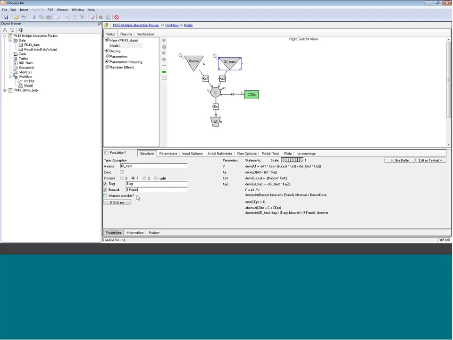Now, I've added some custom parameter names here. These are the T-lag and the F rapid. So I will need to add these as structural parameters. I'm going to right-click and then select Insert Parameter. The first one will be T-lag.